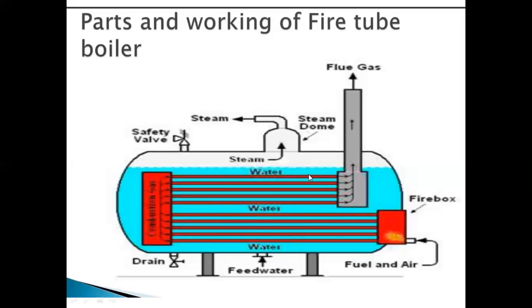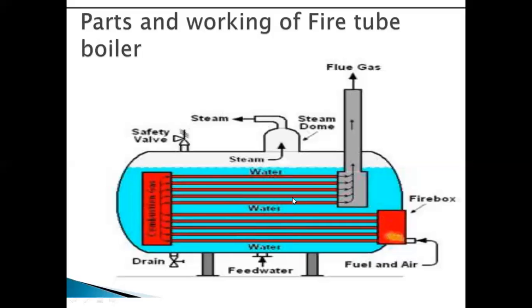This furnace is located inside the shell, and within the shell we have the water. Here the blue color indicates the water. When the hot gases pass inside the tubes, they lose their heat.